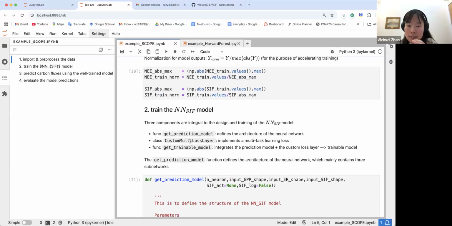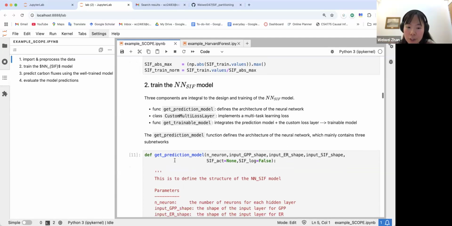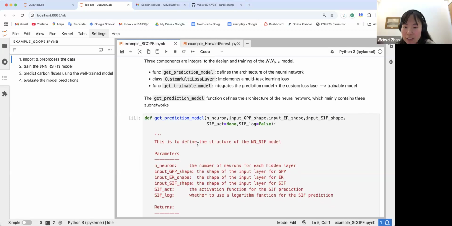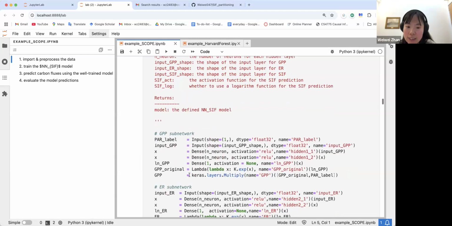And regarding the second part, by training the model, here you can see there are 3 components to train the model. The first function is get prediction model. So it is used to define the general structure of our model. You can see that there are 3 subnetworks.